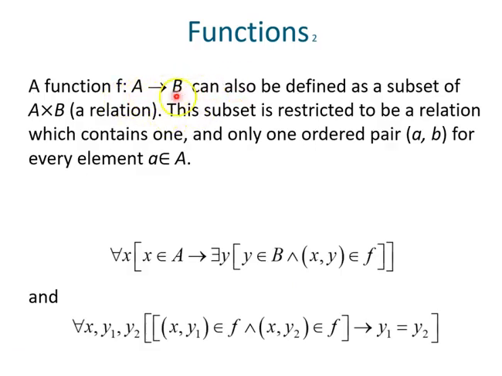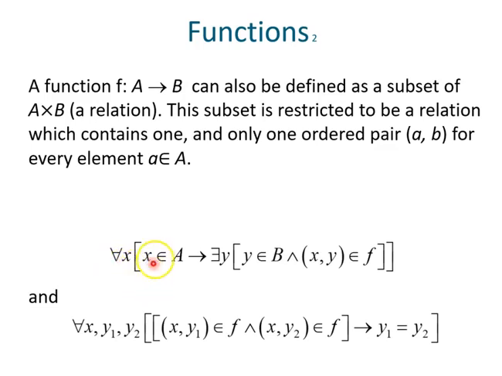The definition of a function can be rephrased as one of a relation that meets certain requirements. A relation is just a subset of the Cartesian product of A and B, the set of all pairs. A relation is a function if it meets these two requirements.